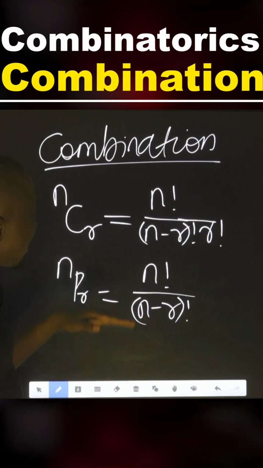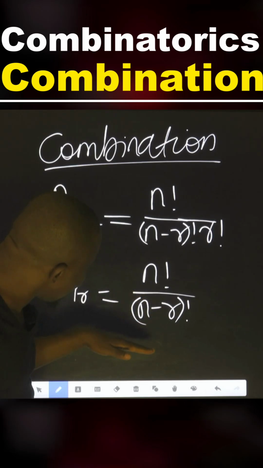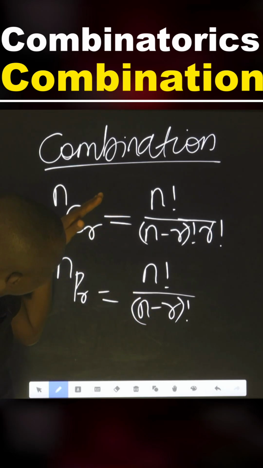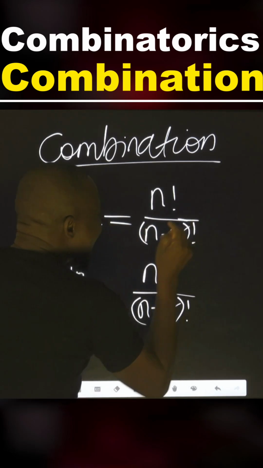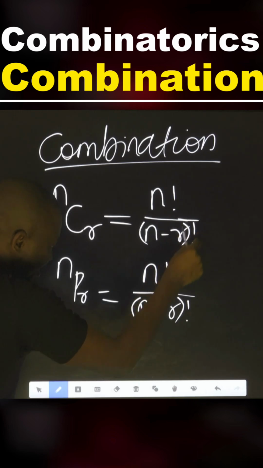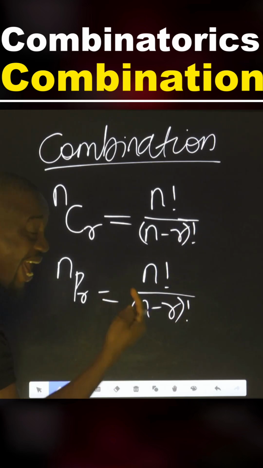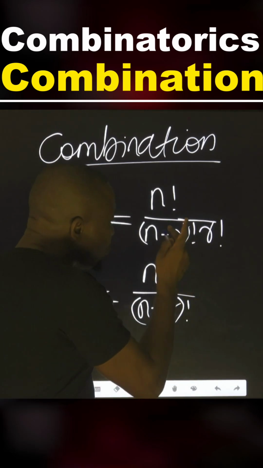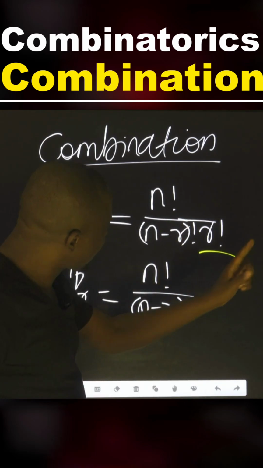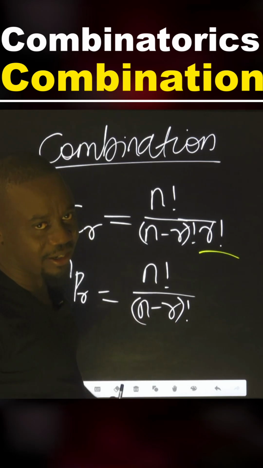As you can see, the difference between this permutation and this combination is that for combination, we go extra mile and added r factorial. Here, it's just n minus r factorial. Here, we went further to put over r factorial.